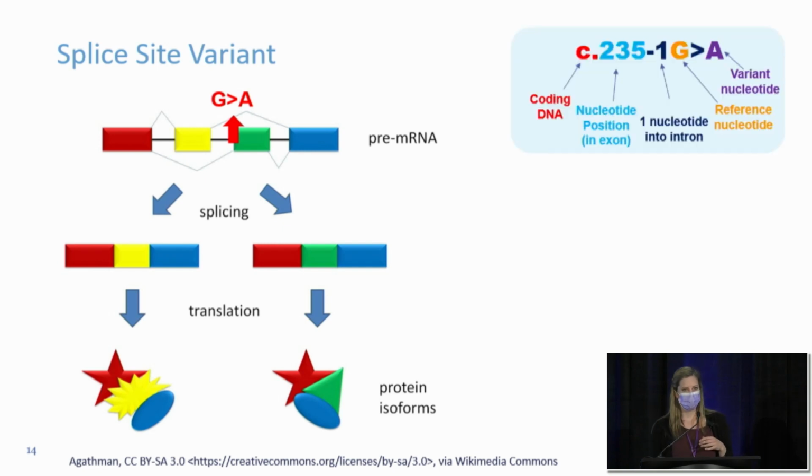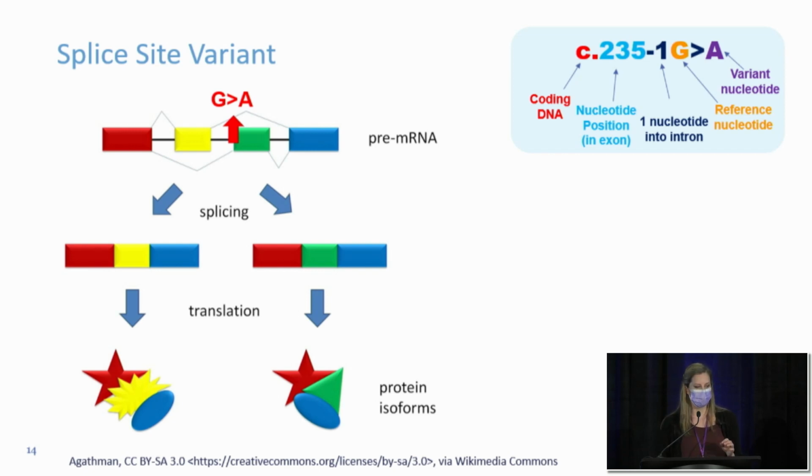So the way that this gets written out is a little bit different. The amino acid sequence itself may not be different. So we use the C dot only. We don't have a P dot for this. And they're referencing the position in the final protein where this change was, and then it goes forwards or backwards, because often this is in a section that gets cut out. So in this case, it's saying position 235 minus 1.